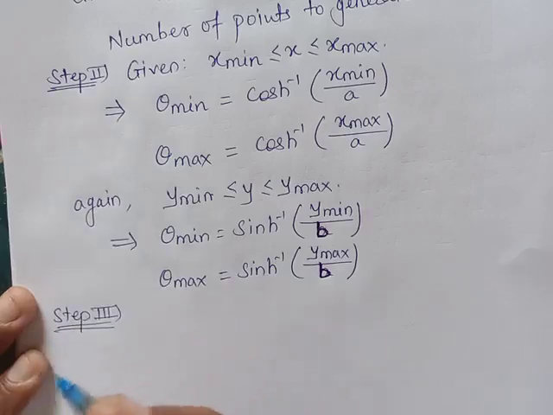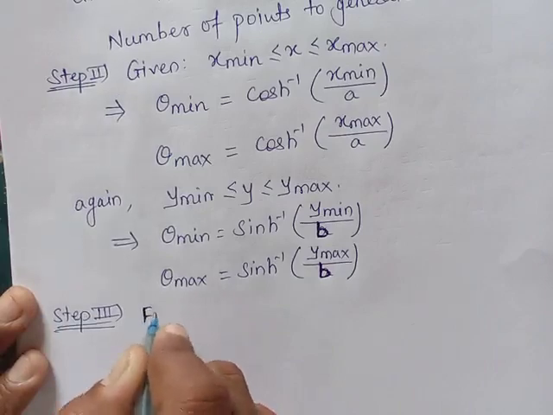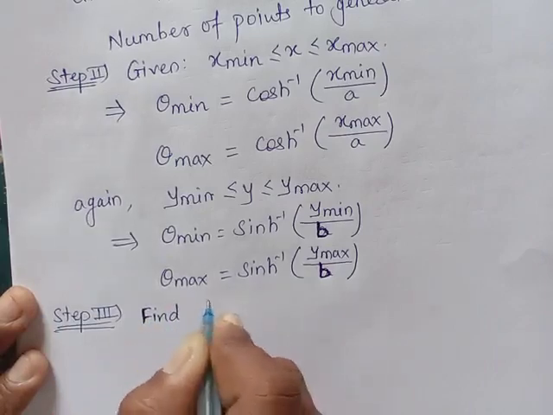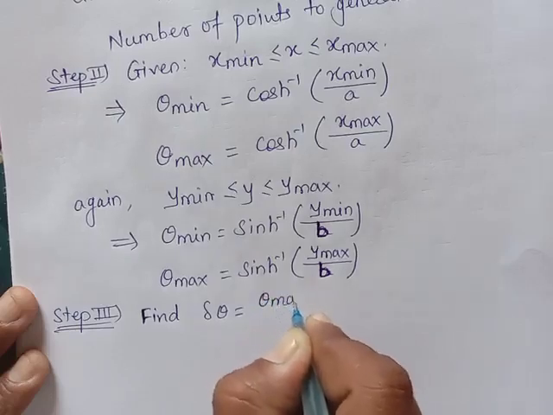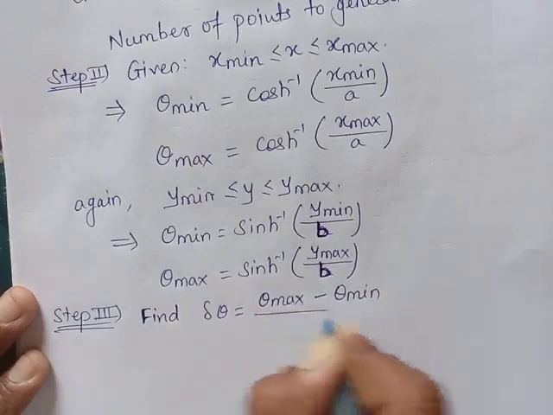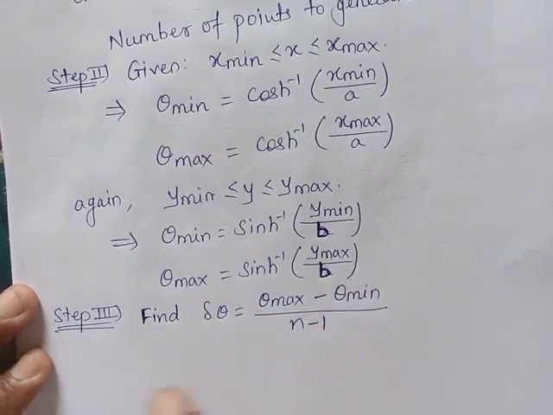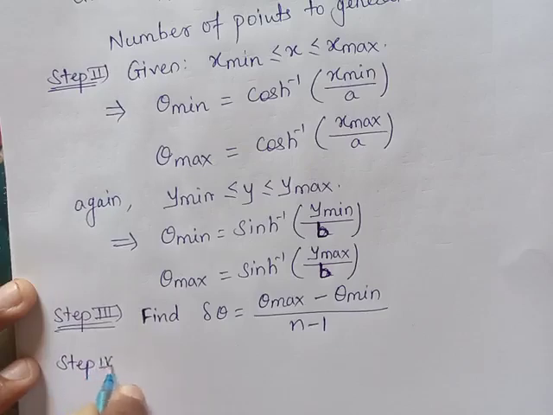Now step 3 says that we have to find delta theta. What is delta theta? Having the same formula like a parabola: theta maximum minus theta minimum upon n minus 1. Step 4 is about the first point.